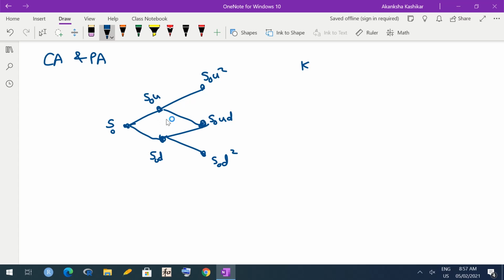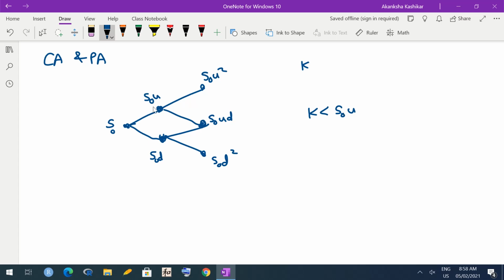So in between, means at this point at T by 2, the call option would be exercised if K is less than S0U. Okay. If K is less than S0U.